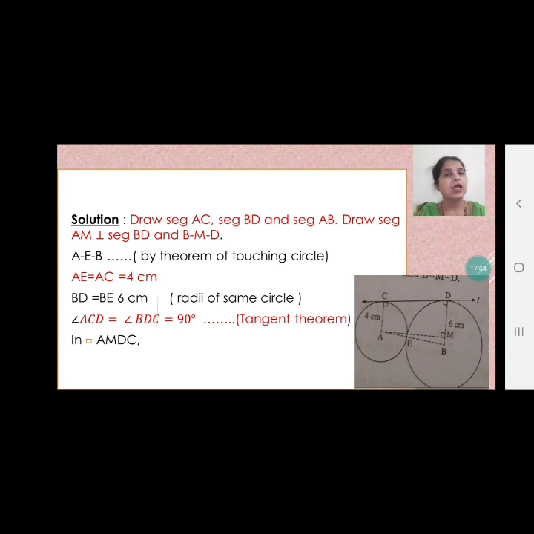Now the angle ACD is equal to angle CDB, that is equal to 90 degrees. Now how 90 degrees? That is the tangent theorem. CD is tangent to the circle with center A, so here 90 degrees.